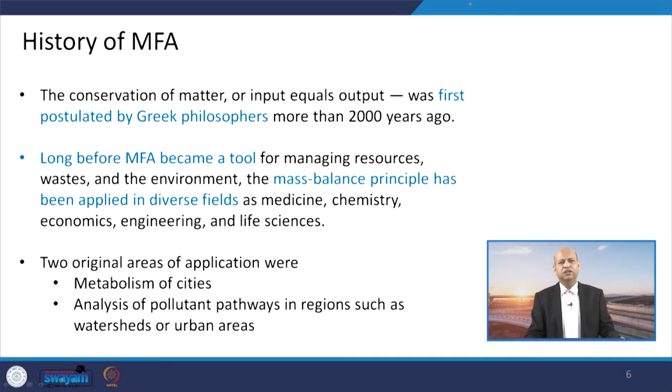Historically, it dates back 2000 years, when Greek philosophers also thought about the transformation of mass from one form to another. It has been applied in several fields like medicine, chemistry, economics, engineering or life sciences, and in areas like the metabolism of cities and analysis of pollutant pathways in particular regions such as watersheds or urban airsheds.